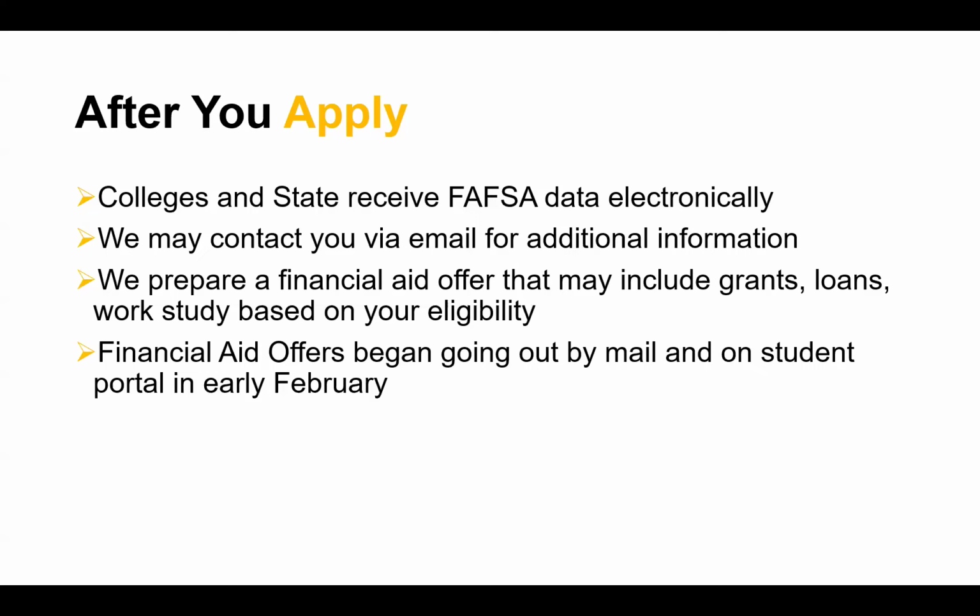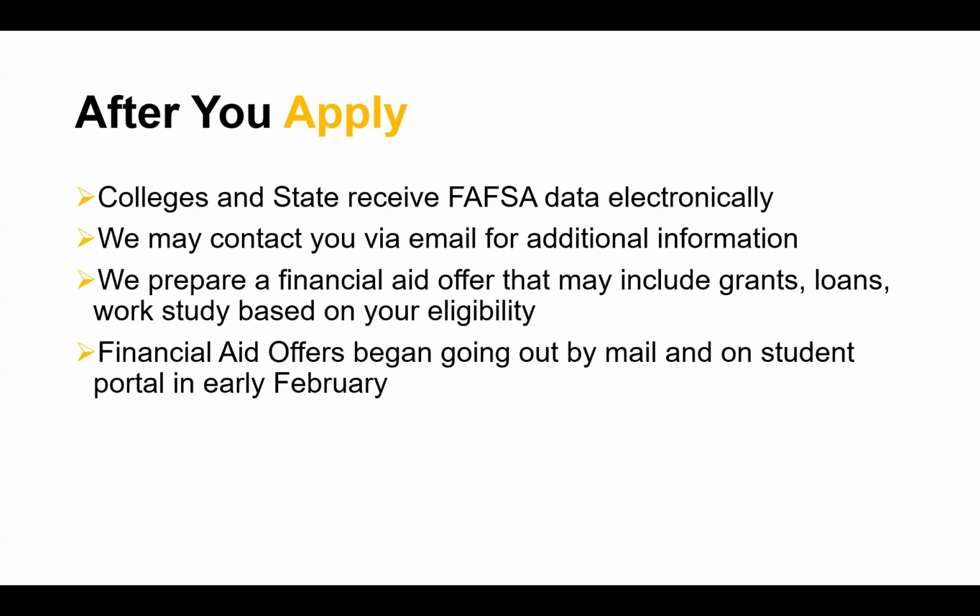And if we do ask for additional information, you want to respond as quickly as possible because we can't do your financial aid award without a complete file. And then once your file is complete, we review it and prepare a financial aid offer that may include grants, loans, or work study based on your eligibility.